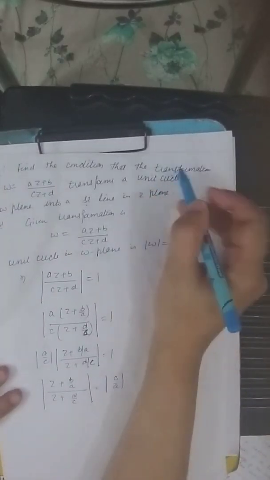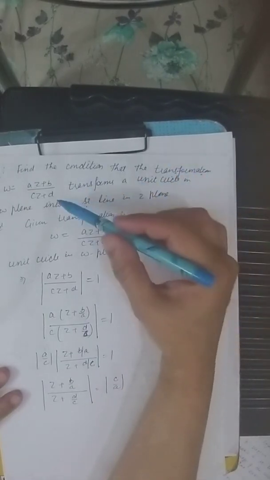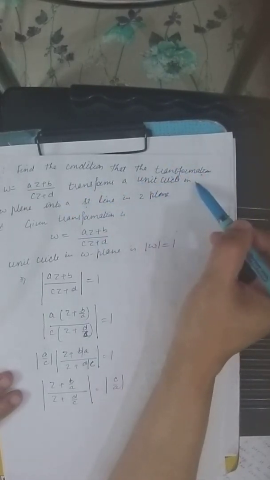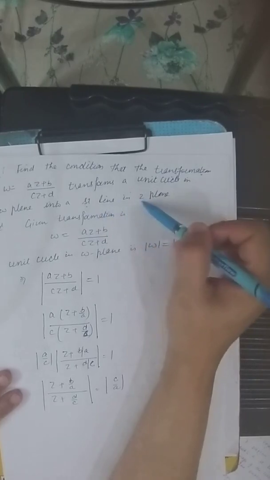Now I have to find the condition that this transformation transforms a unit circle in W plane into a straight line.